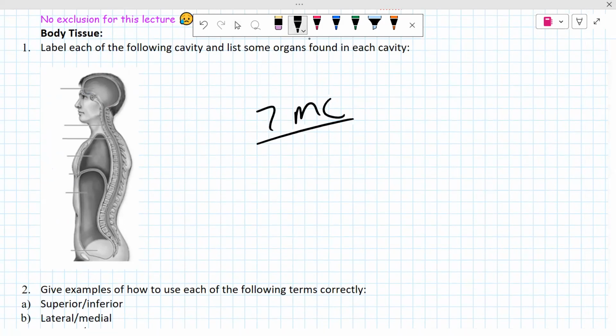7 multiple choice. It's not going to show up in the written section. It's all going to be multiple choice, and it's going to be like the questions we did in class, where I asked you things like the fingers are blank to the wrist, and you have to choose the appropriate term.